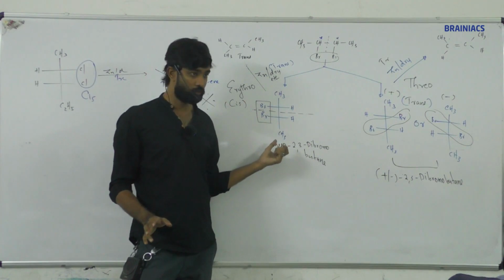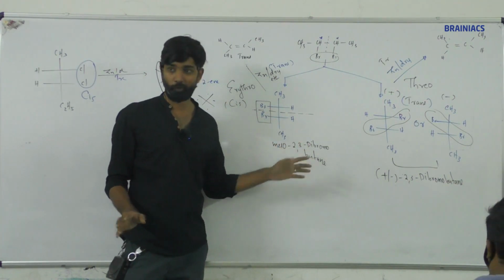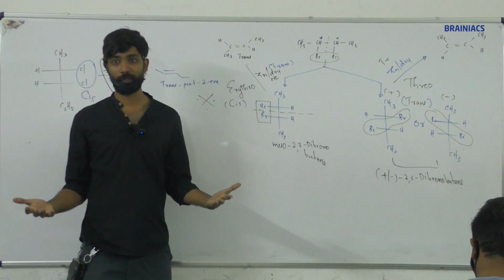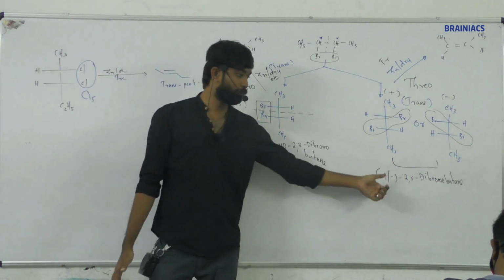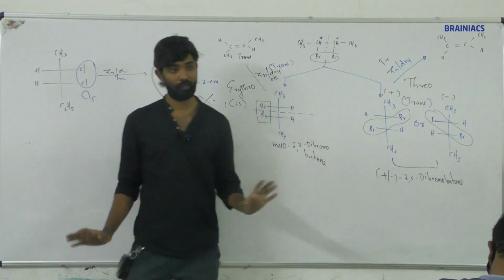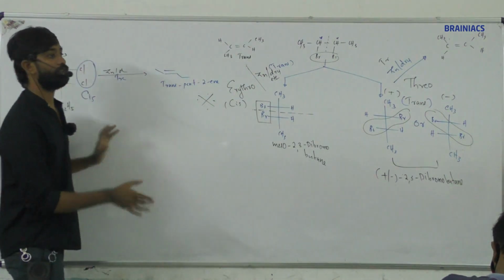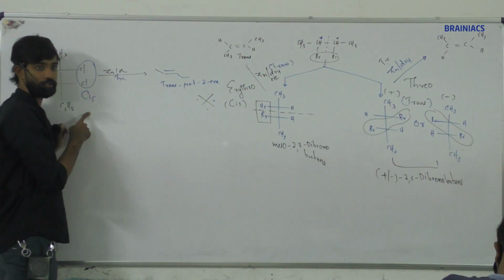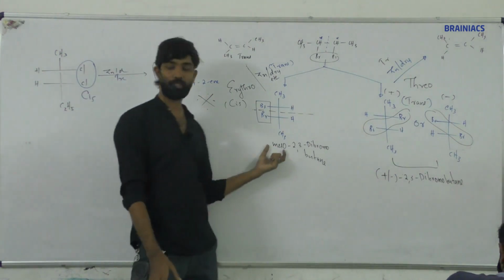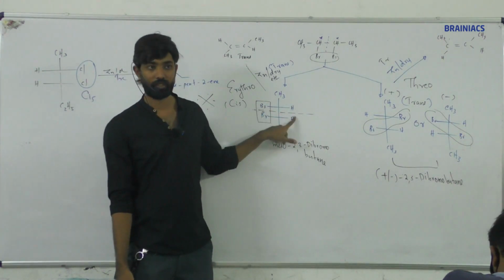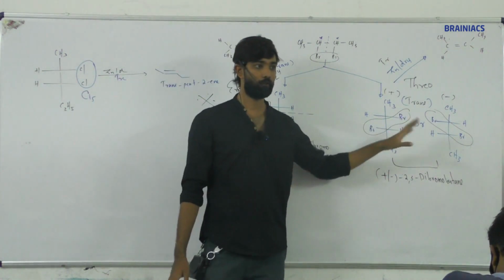Question may be like this. Debromination of meso 2,3-dibromobutane dominantly gives, or plus or minus 2,3-dibromobutane, like that, okay? Otherwise, they will give the structure. So you have to know meso means erythro in this case. Plus or minus means threo.